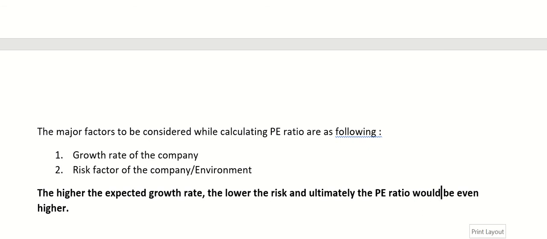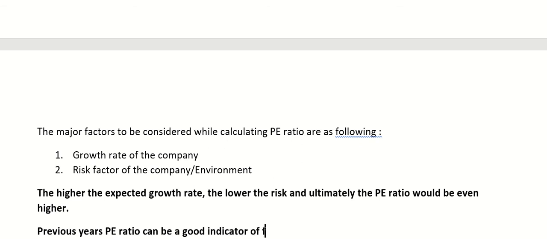If the growth rate of the company is good, it means the risk would be less and the PE ratio would be higher. And another way of understanding what would be the PE ratio of the company is that the previous years' PE ratio can be a good indicator of future PE ratios. So on the basis of previous PE ratios also, you can estimate the future PE ratios, right?